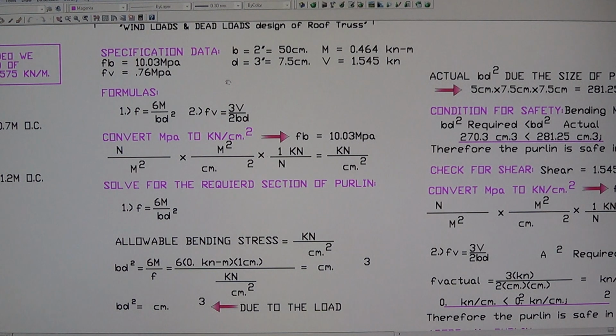So the specification data for the type of wood that we use. This wood has an allowable bending stress of 10.03 MPa, and the shear is the shear perpendicular to the grain. The grain goes horizontal, and this shear is perpendicular to that. It has very small shear, 0.76 MPa.